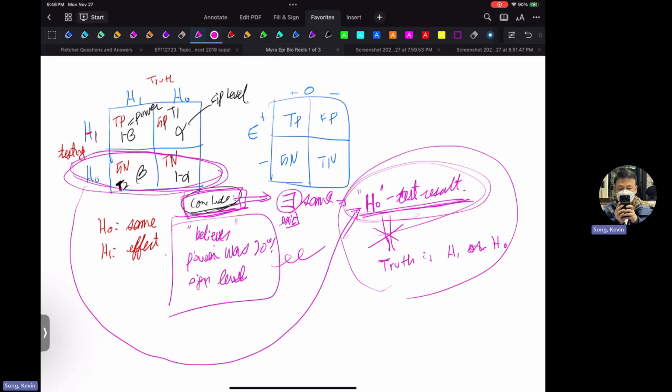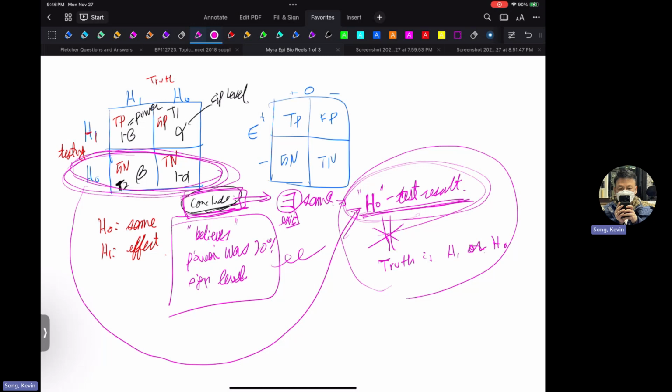The test result says there is no improvement or something like that, right? So H0 row is what the test results say. It doesn't mean that we know whether H1 is true or H0 is true.